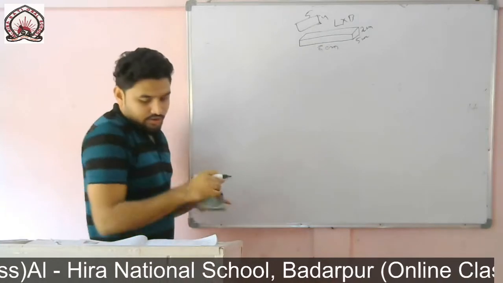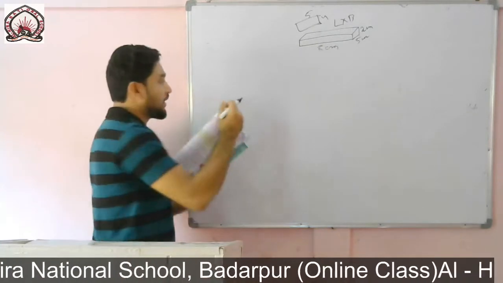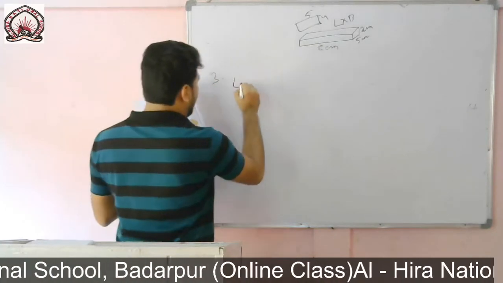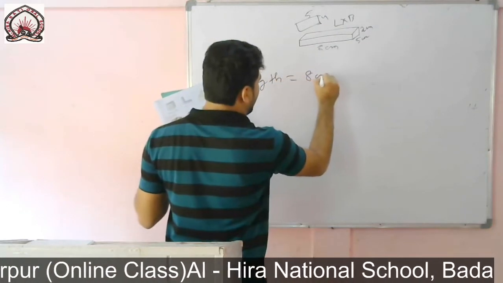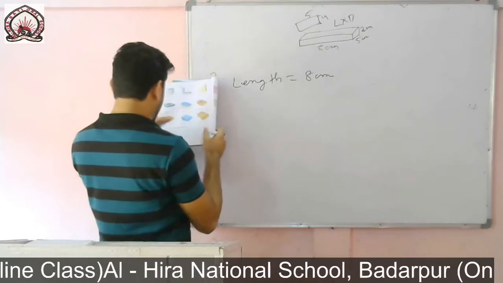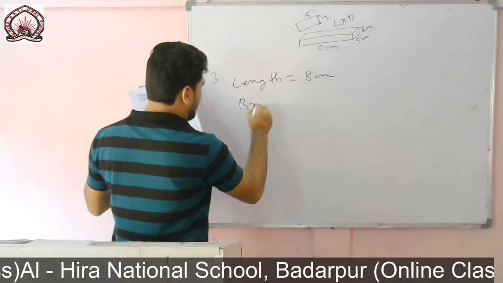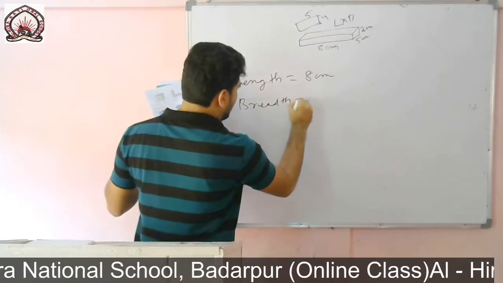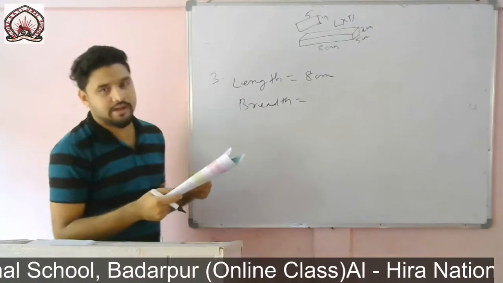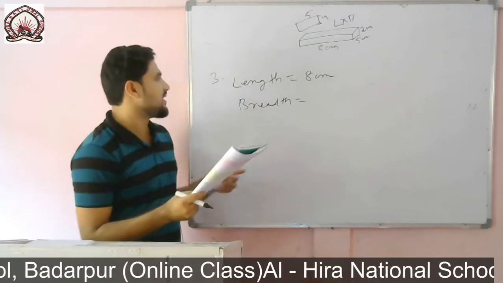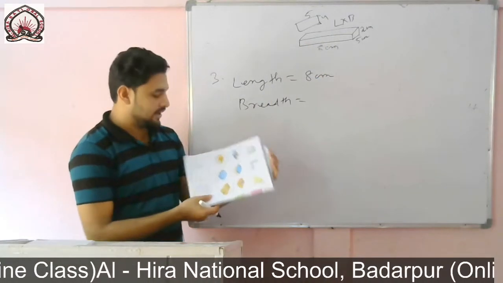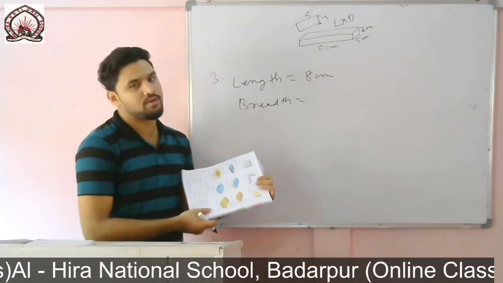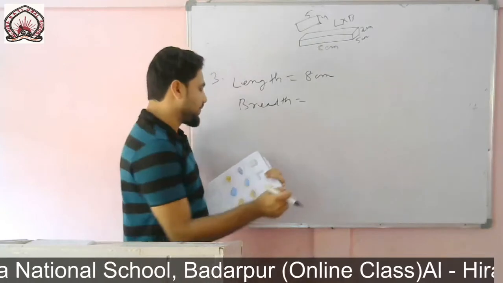So in question number 3, length 8 centimeter, breadth 5 centimeter and height 2 centimeter. You can measure your pencil box at your home also. Suppose I have taken an example, you can take many examples from your home.